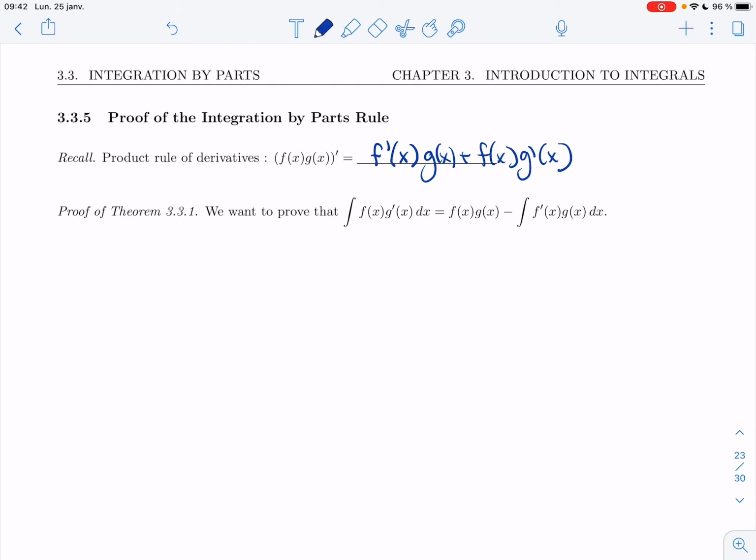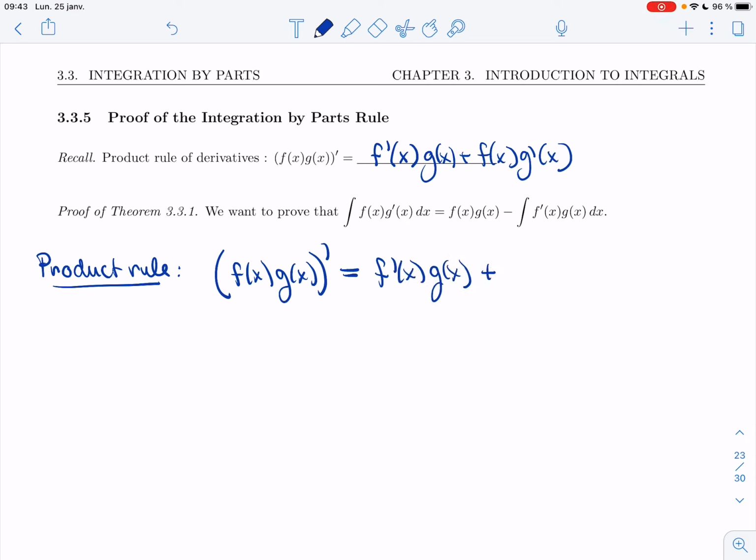All right, so let's start with the product rule. I have f of x times g of x, prime, is this. And so that means this function here is an antiderivative for all of this.